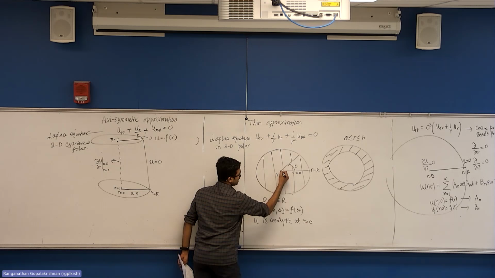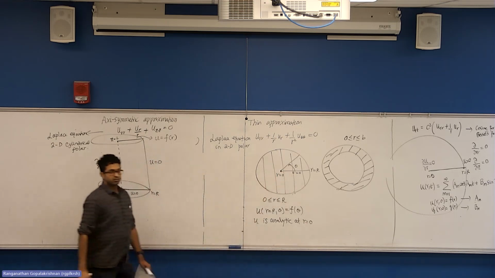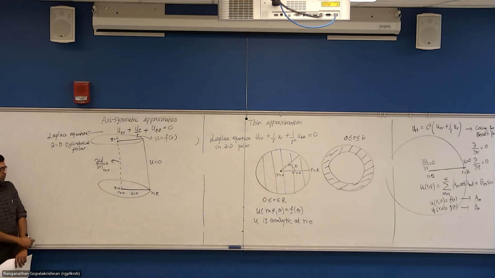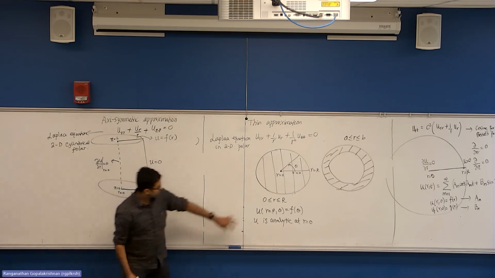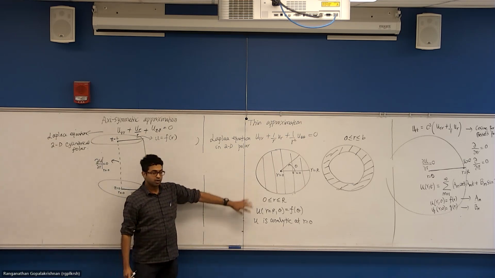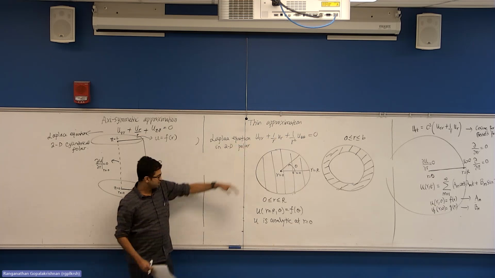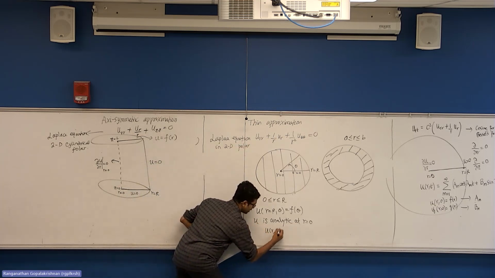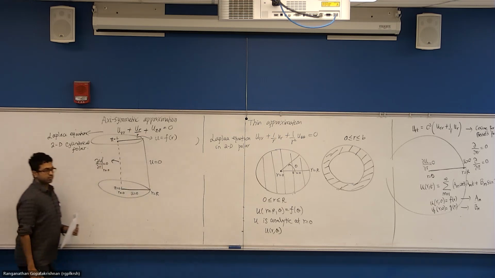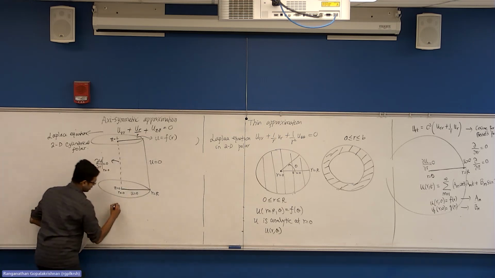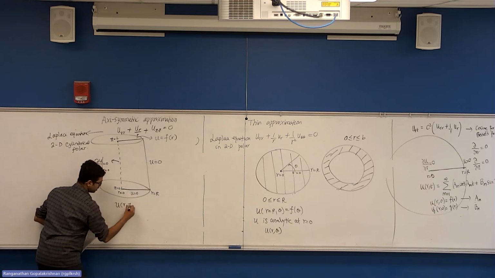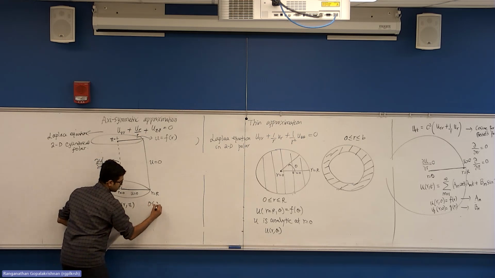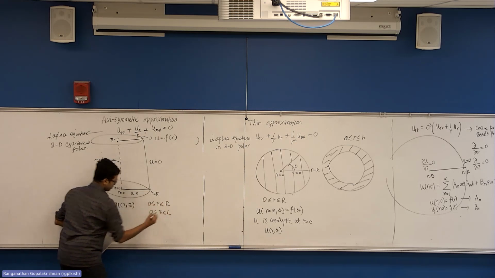It has to be analytic. With these two pieces of information, you will have to derive a solution for u, which has to depend on both r and theta. Here in the cylinder case, u has to depend on r and z, where 0 less than r less than R and 0 less than z less than L.